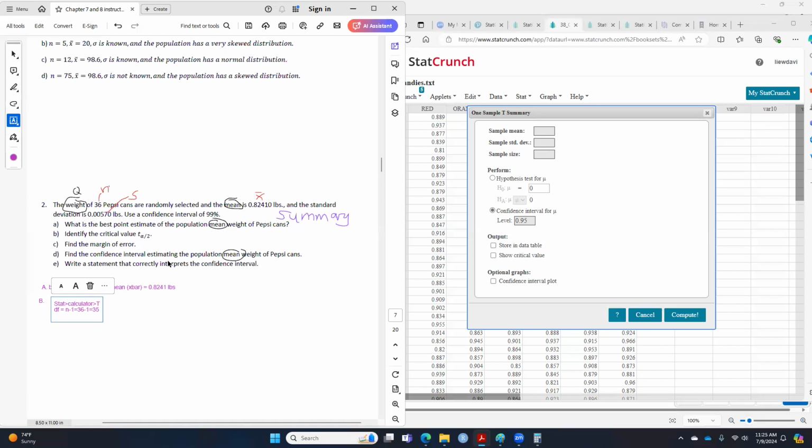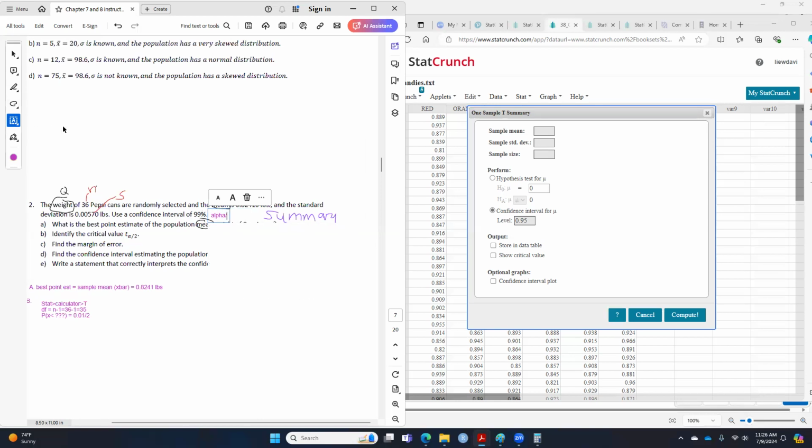When you do P(X less than), make sure the first box is blank. The second box is where you enter alpha. Since the confidence interval you're finding is 99%, alpha in this case is 0.01.